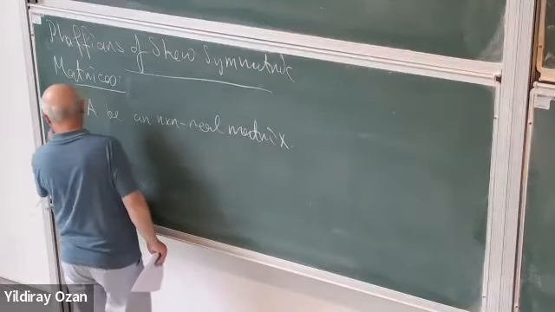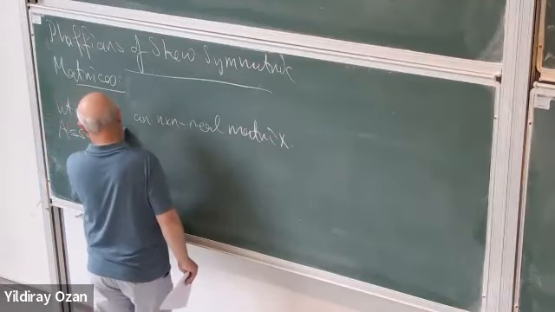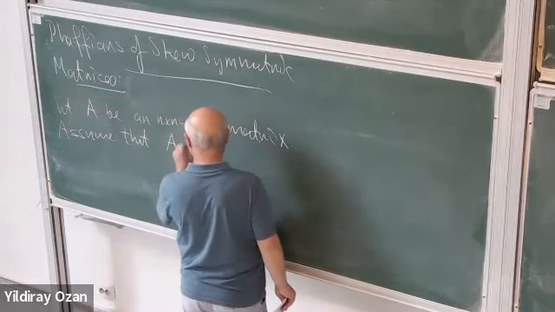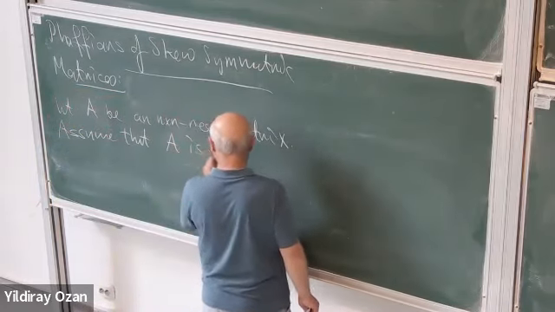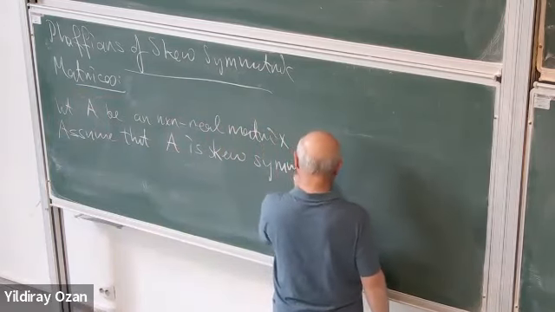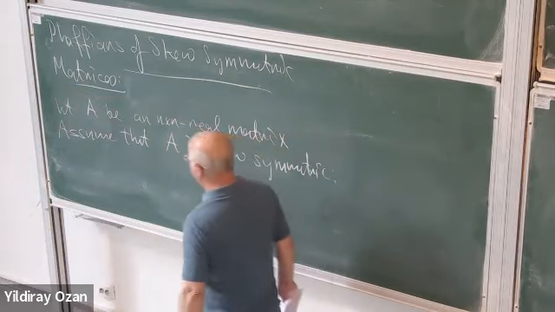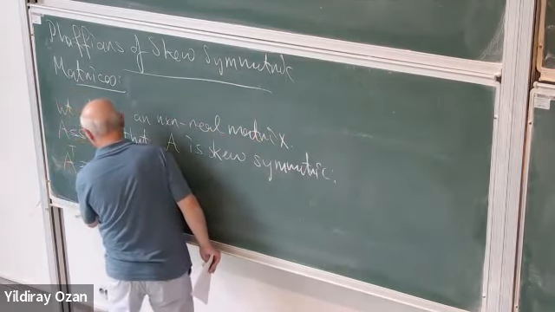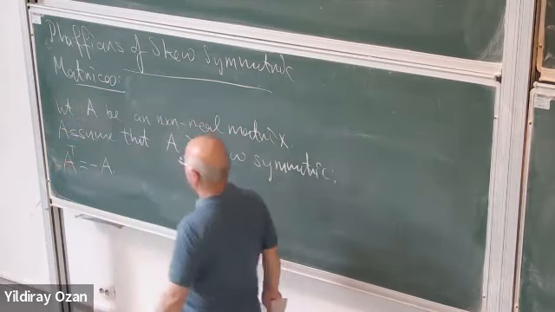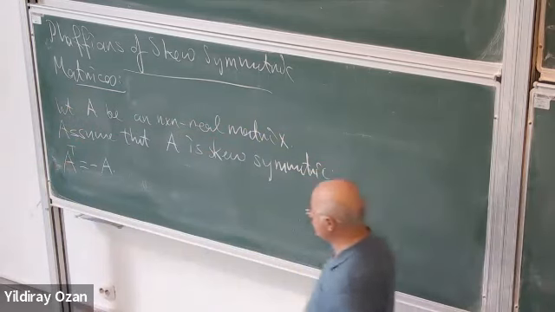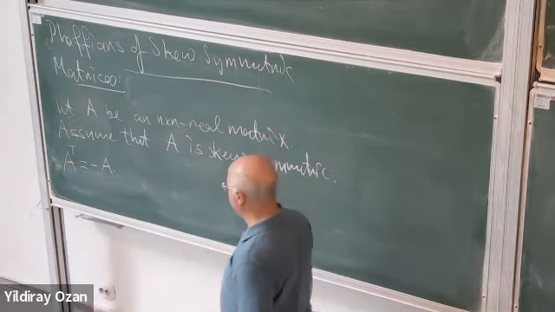Assume that A is skew symmetric. Skew symmetric means its transpose is equal to its negative. Okay, so A plus A transpose is equal to 0.